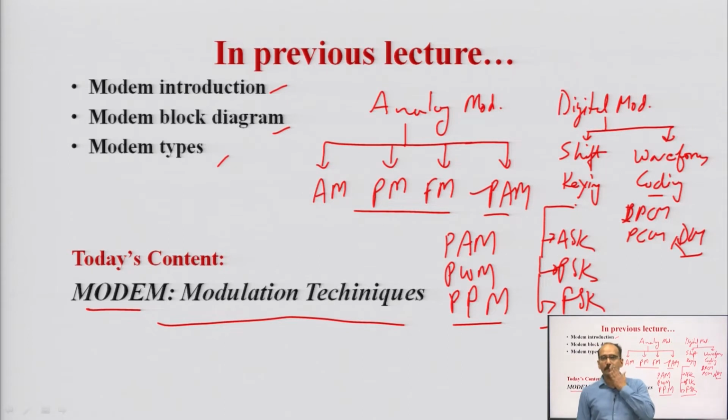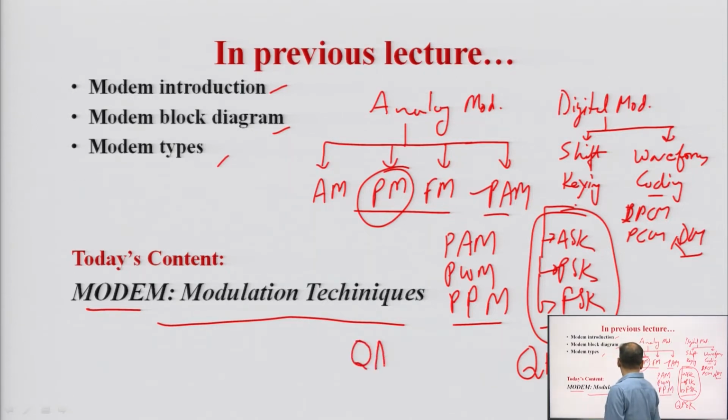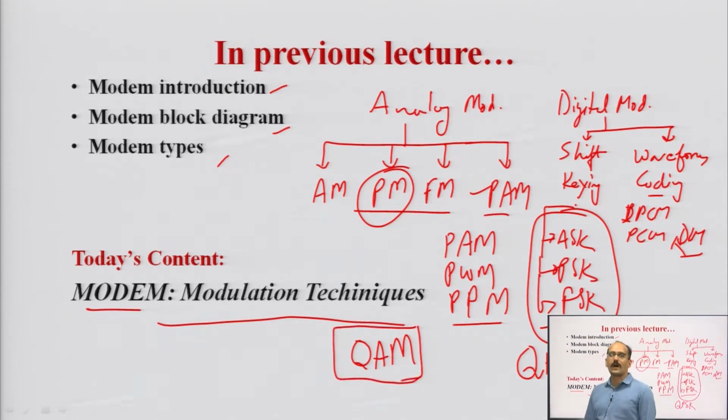So, the modulation techniques used by the modem are mainly ASK, FSK, PSK and the combination of these, QPSK, and also the hybrid technique, which is the most important, QAM, quadrature amplitude modulation. To understand quadrature amplitude modulation, first of all we start with the AM part.